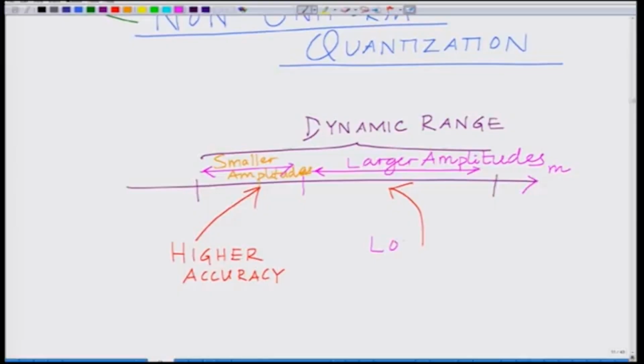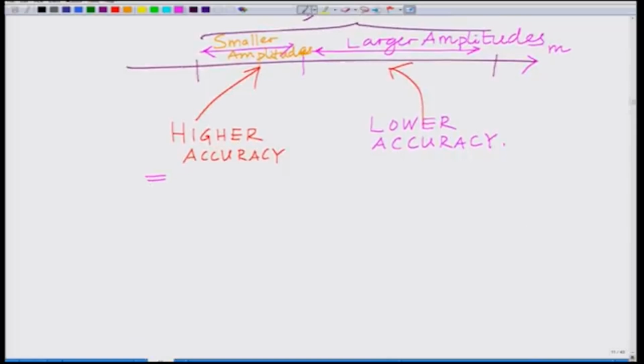So one can tolerate a higher level of error, which means the accuracy of quantization or reconstruction in this region of large amplitudes need not be very high. Here one requires a lower accuracy of reconstruction. Higher accuracy means the quantization error has to be lower.